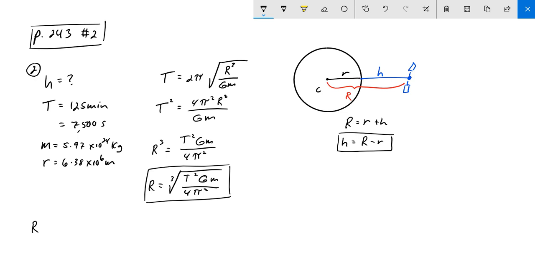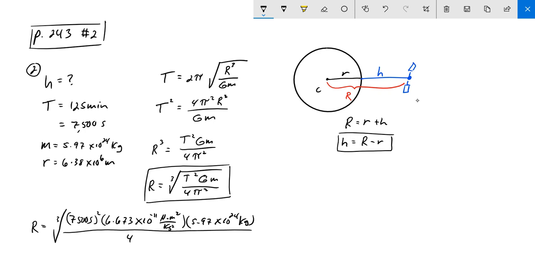So big R will be the cube root of my 7,500 seconds squared, and then big G, 6.673 times 10 to the minus 11 newton meters squared over kilograms squared, and then the mass of the planet, 5.97 times 10 to the 24 kilograms, divided by 4 pi squared.